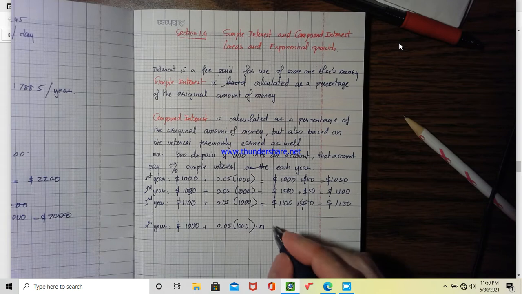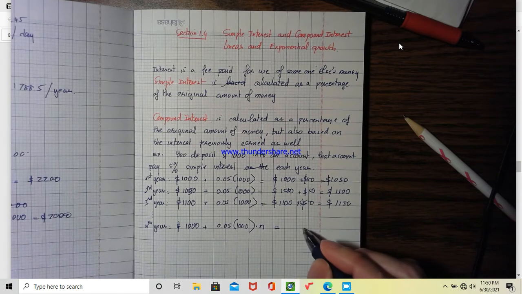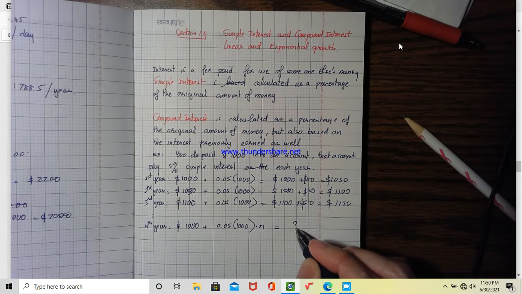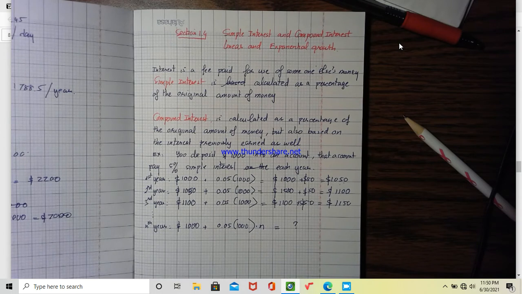Then it will give you the amount of money after n years. Everybody get it? So that is the simple interest. The amount of money you make from the interest is based on the original amount.